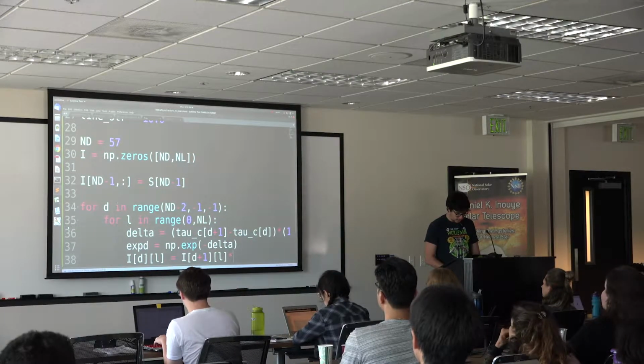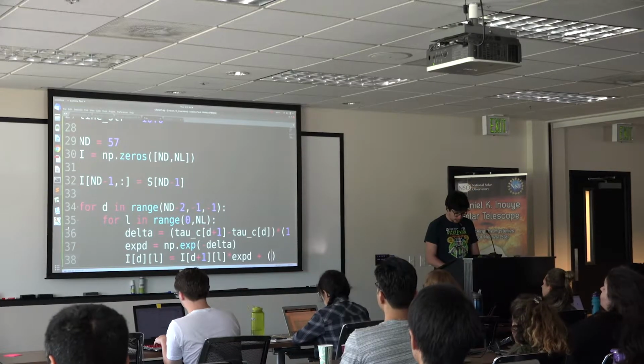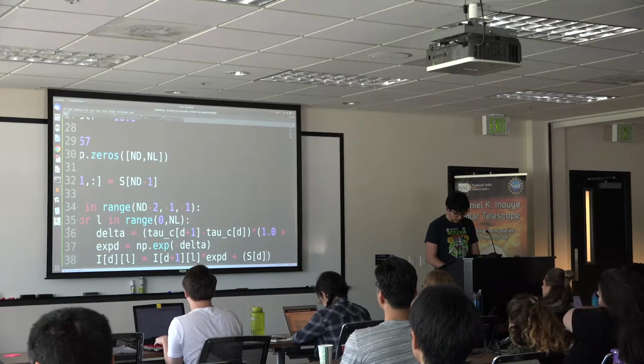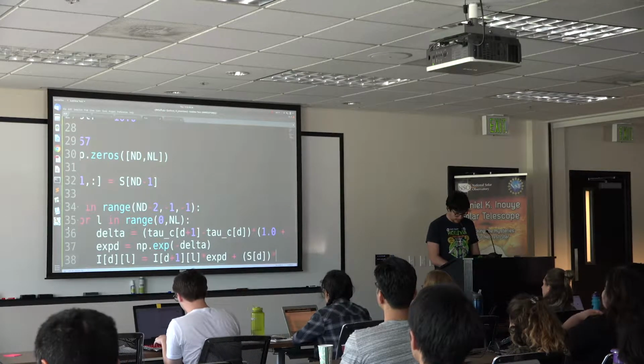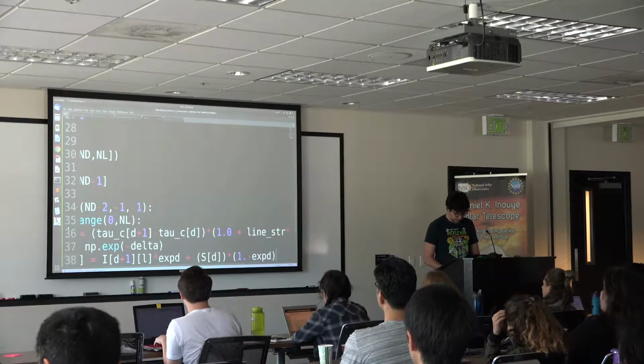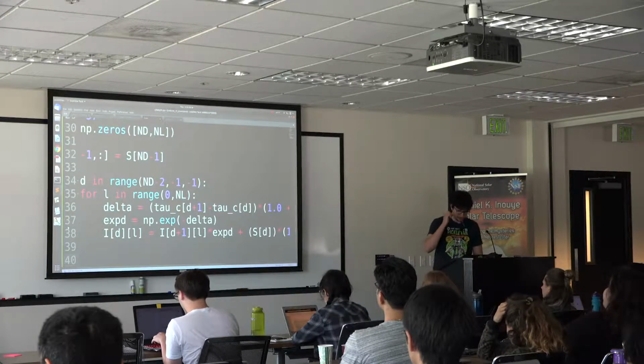So we're going to do this times expd plus source function at the local point times 1 minus expd. Cool. This is everything. Okay? This is really everything.